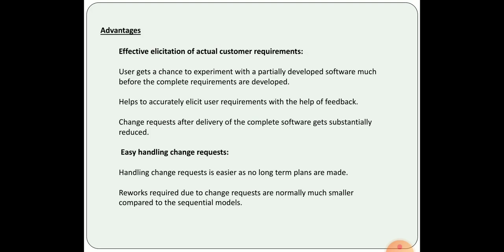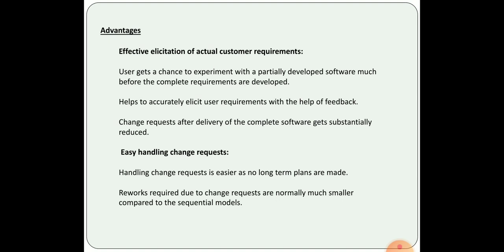So the advantages of this model are: it forms an effective elicitation of actual customer requirements, because the customer can work with the partially developed system so that he could identify his actual requirements.